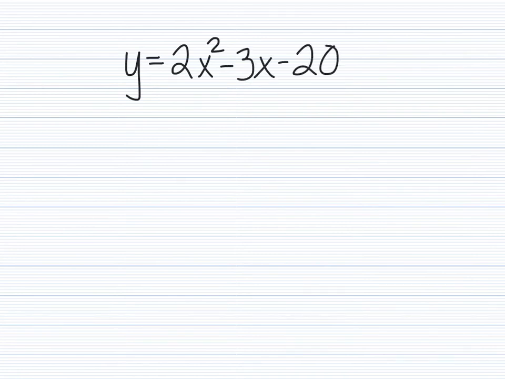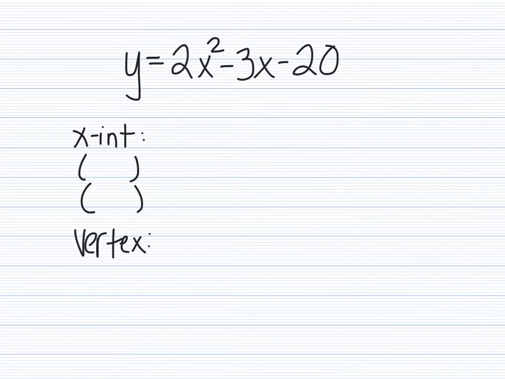So again, I want you to get the solutions, the x-intercepts, write them as ordered pairs, and then figure out the vertex. Though maybe you could figure out the vertex first, which is also, remember for that you need line of symmetry first, and then y coordinate from the line of symmetry.